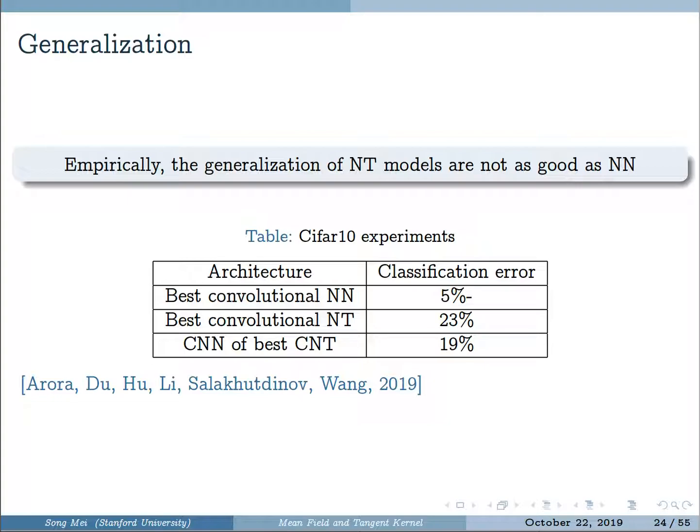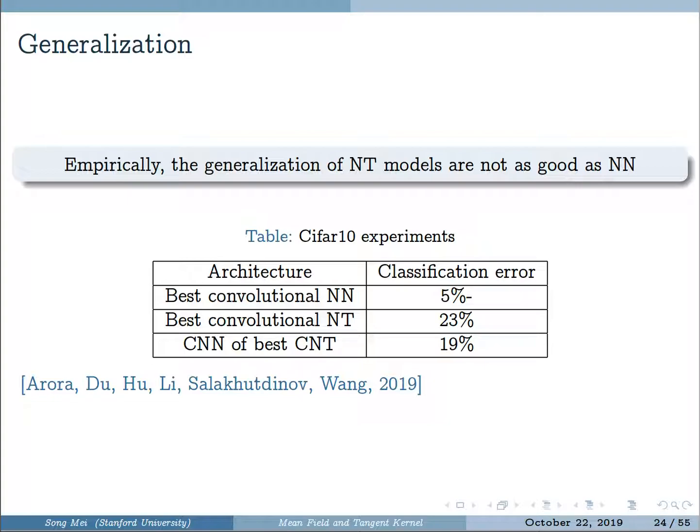But if we linearize a convolutional neural network and get a convolutional neural tangent model, then the best classification error is 23%. And the corresponding convolutional neural network to this convolutional neural tangent model gives classification error 19%. So that means the linearization successfully explained the optimization, but in terms of generalization, it's not as good as fully trained neural networks. So we would like to explain the generalization separation between the linearized model and the fully trained neural networks.